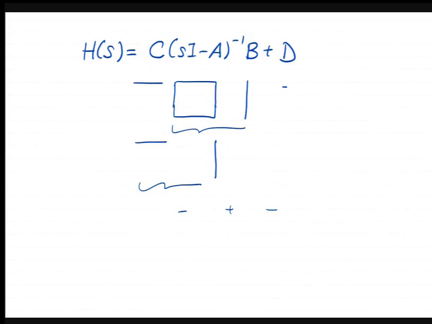So obviously this will be well defined when sI minus A is invertible. That is, sI minus A has full rank. But now there are values of s for which sI minus A drops rank. What are those values of s called?